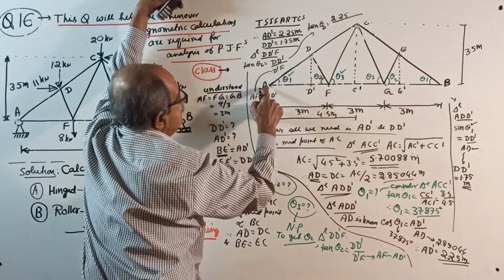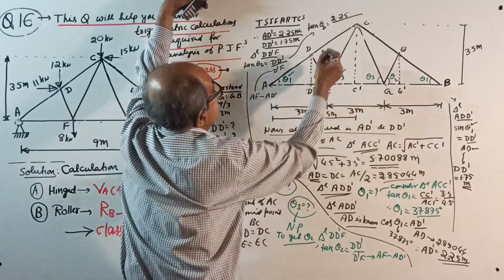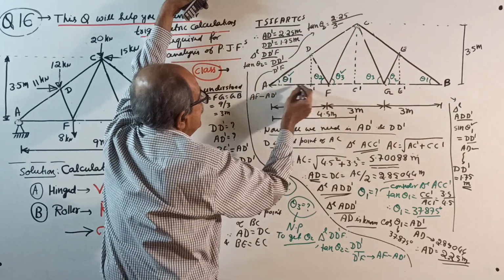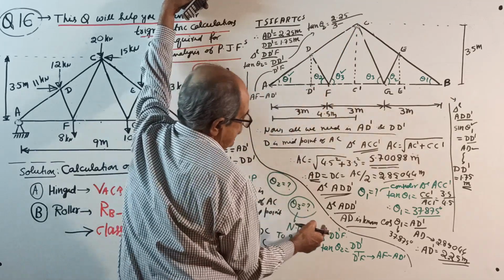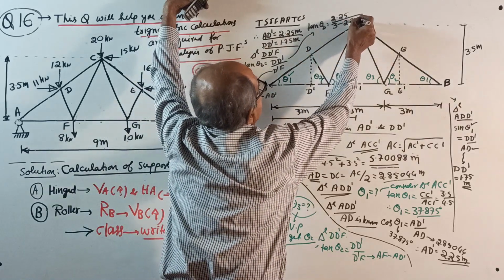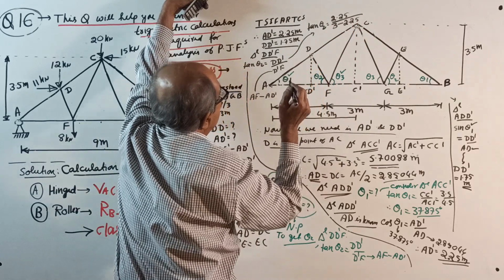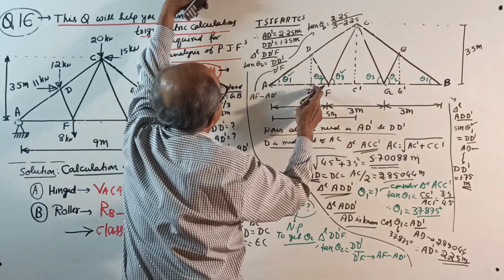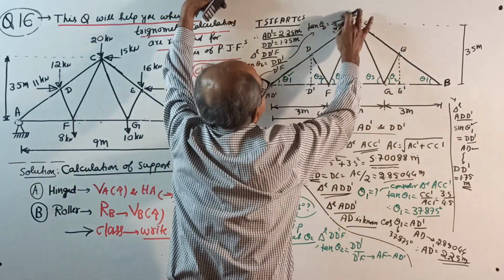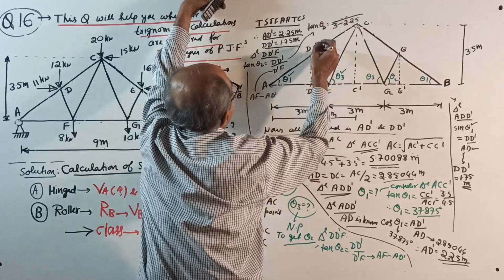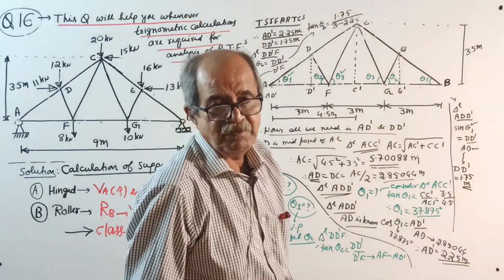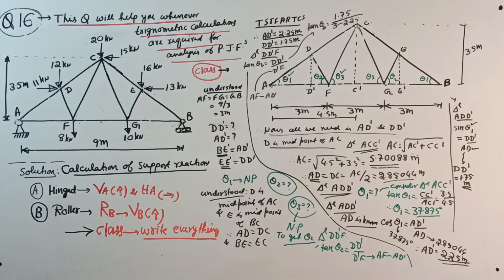A to F is 3 meter, minus A to D dash, which is 2.25 meter. No, D dash is 1.75 meter. Check the camera once, it should not go out of the camera.